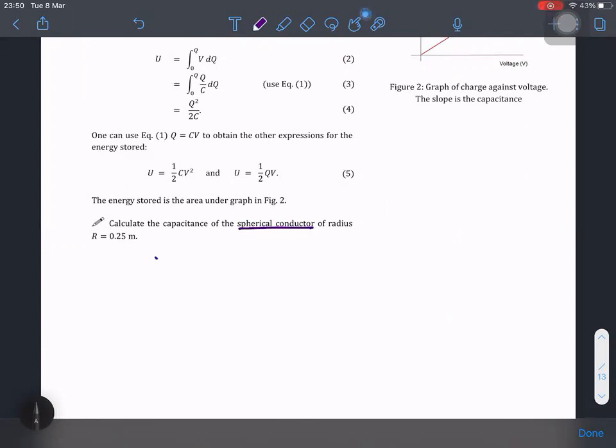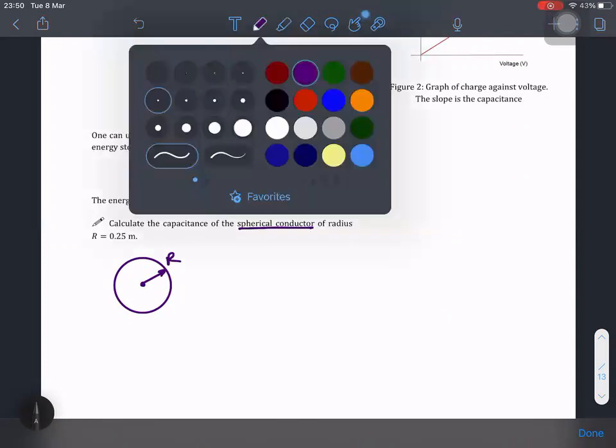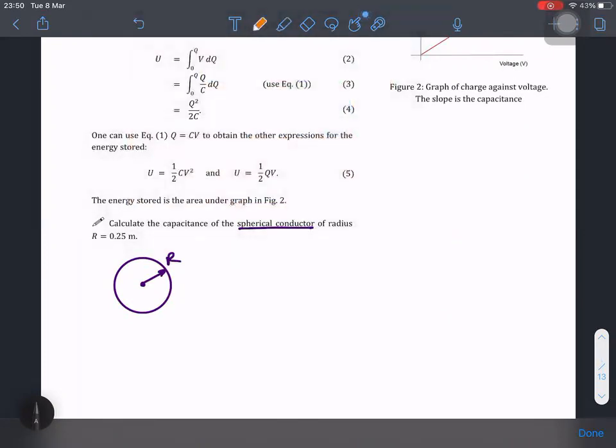So let's start by considering a sphere conductor. If the conductor is a sphere and there is some excess charge, all the excess charge would be held at the surface, just under the surface of the conductor, right?